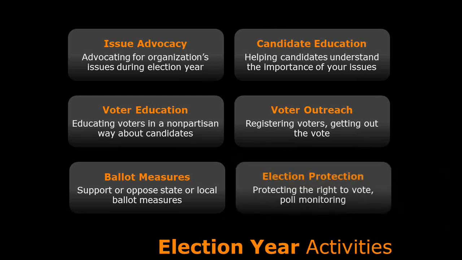And of course, for purposes of today, as C3s, we can definitely get involved in election protection activities and helping protect the right to vote in various ways, engaging in poll monitoring activities. I'm going to say just a little bit more about that.